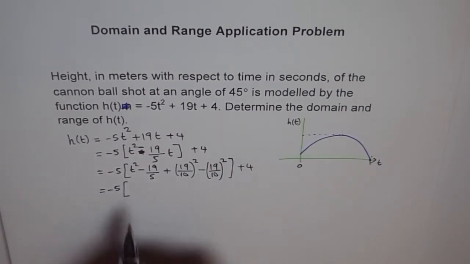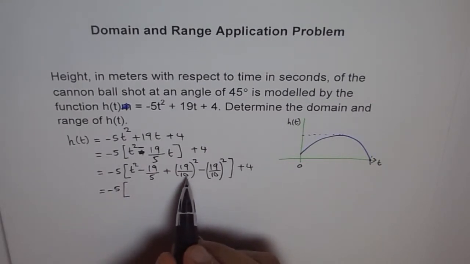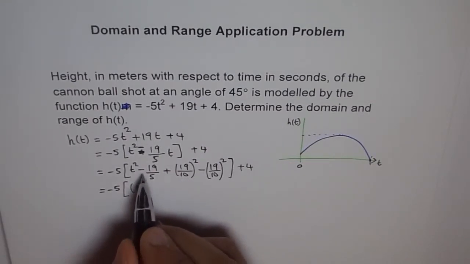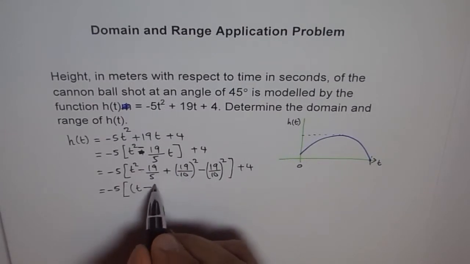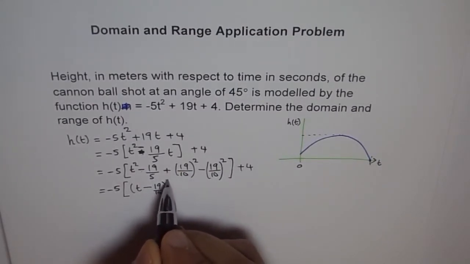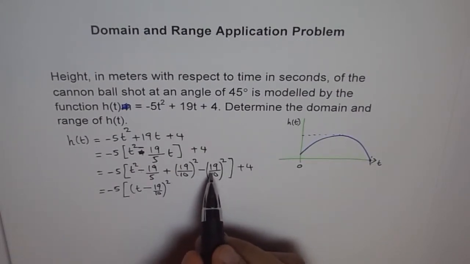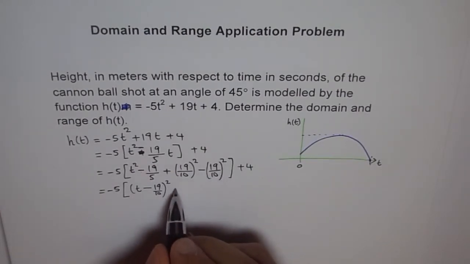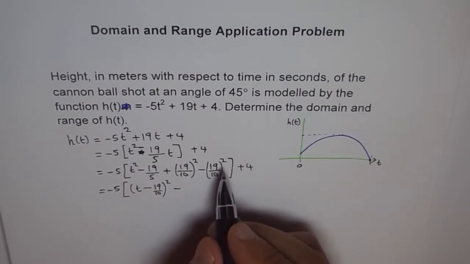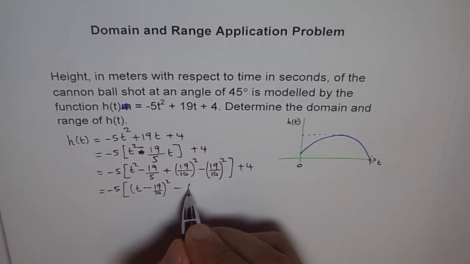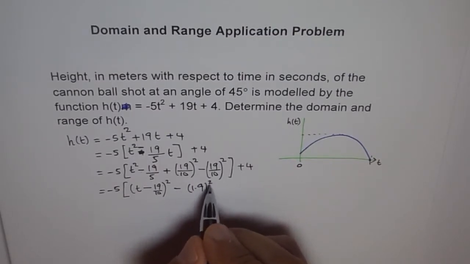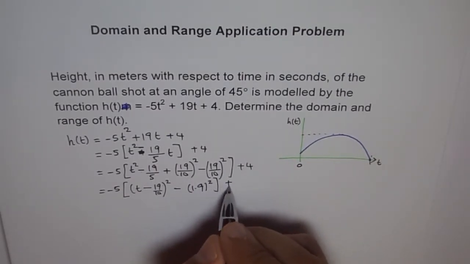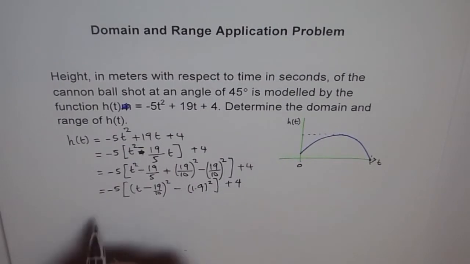Now, these three terms form a perfect square: t minus 19 over 10. And then we can write the square of this, which is 1.9 squared, bracket close, plus 4, correct?